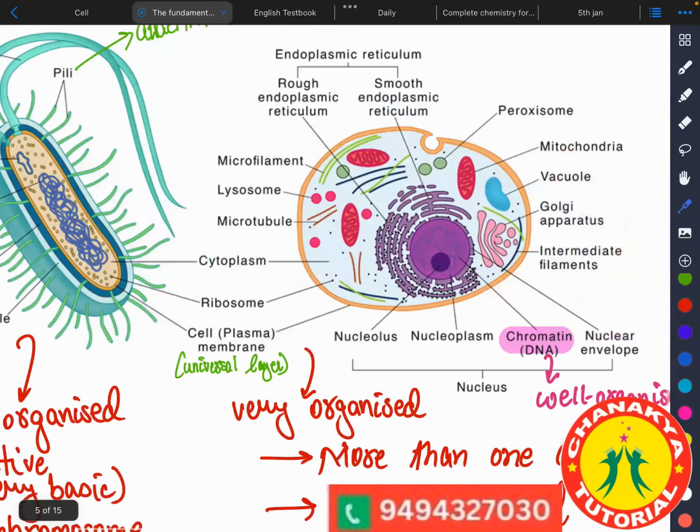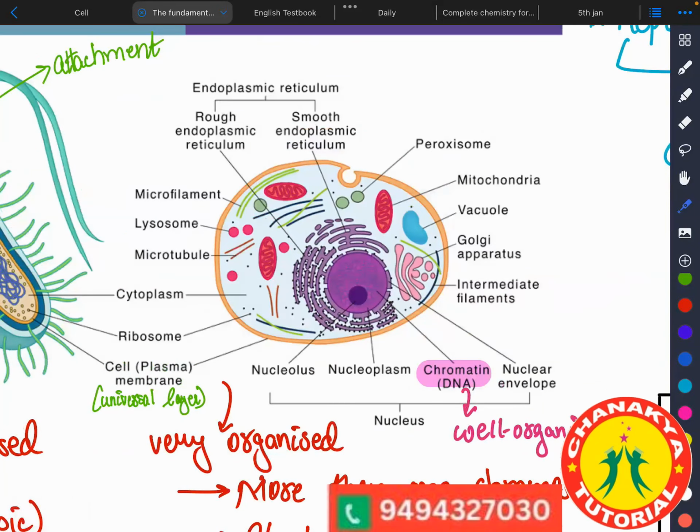Whereas in a eukaryotic cell you can see that there is a defined space, a defined structure for the nucleus. Everything is well defined and well arranged.